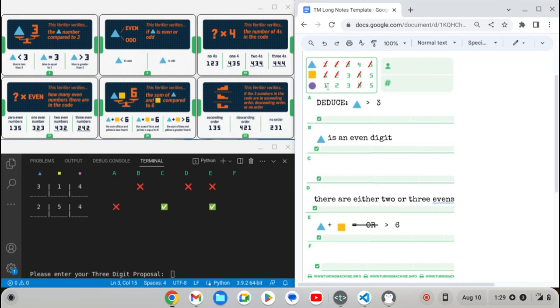Again, we sort of deduced that there are 2 evens. So I'm hoping that that deduction proves true. Okay. So then, is it no order or is it descending?